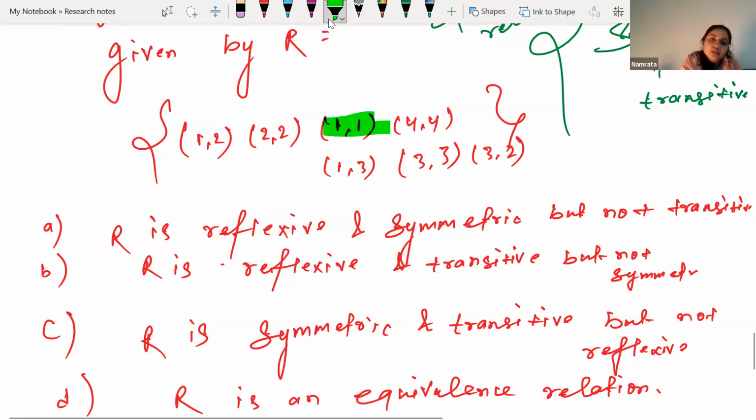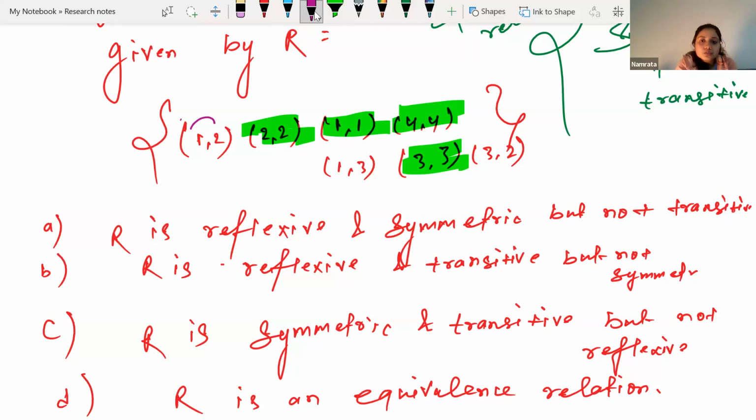Reflexive, as we can see, 1, 2, 3, 4. So yes, it's reflexive. Symmetric: 1 with 2, then we will search for 2 to 1. It's not there. We don't have to think anything else. We don't have to check each and every ordered pair. If one is not fulfilling the criteria, we can say it's not symmetric.